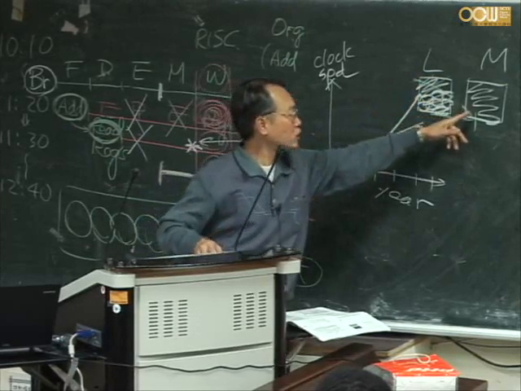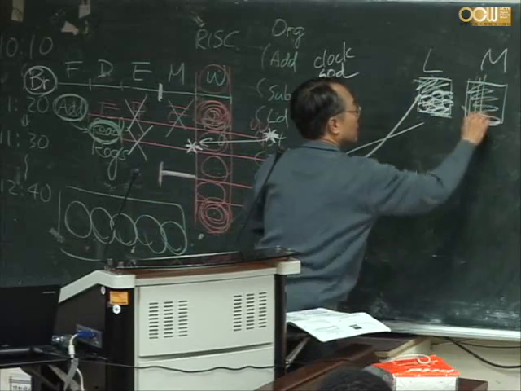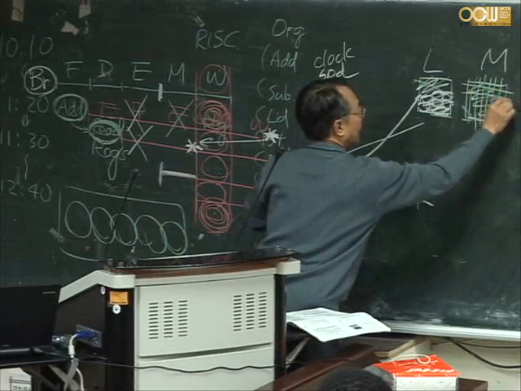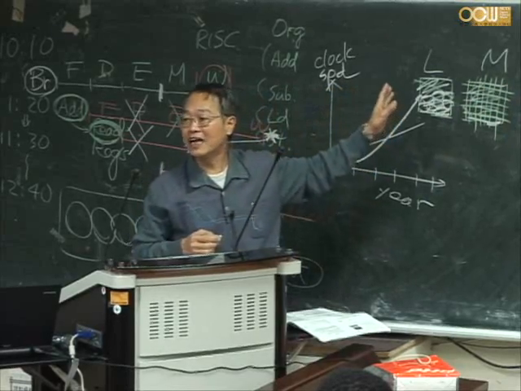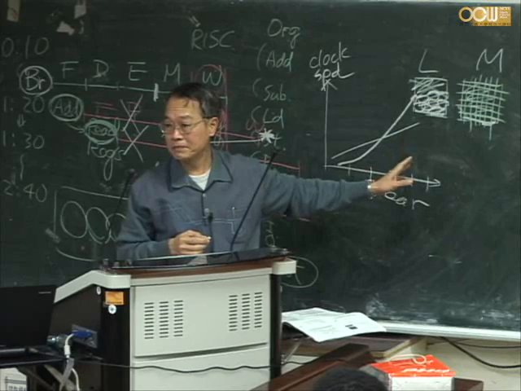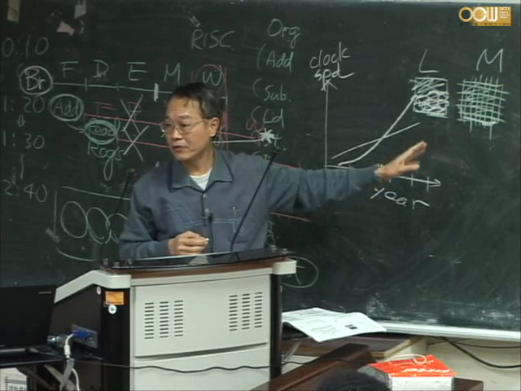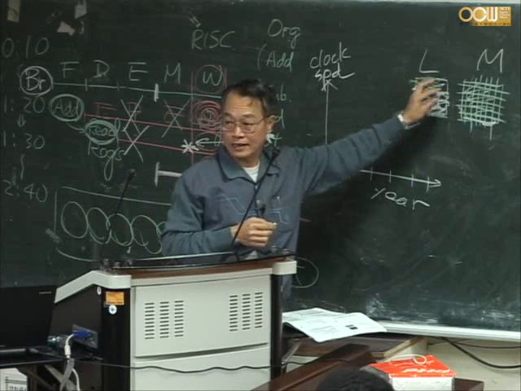But for the memory chip, these are the word lines, these are the address lines. We still need to propagate through the whole chip, from top to bottom, from left to right, okay? But we can localize these circuits.